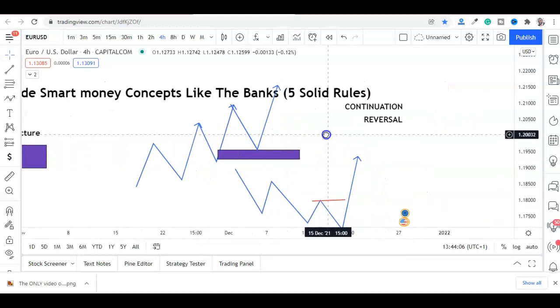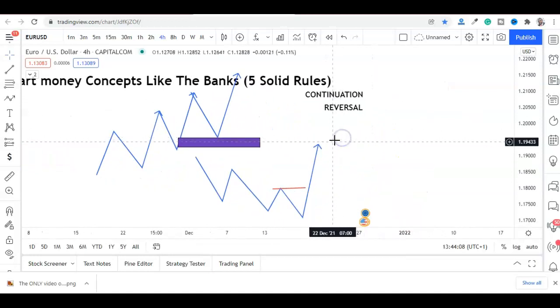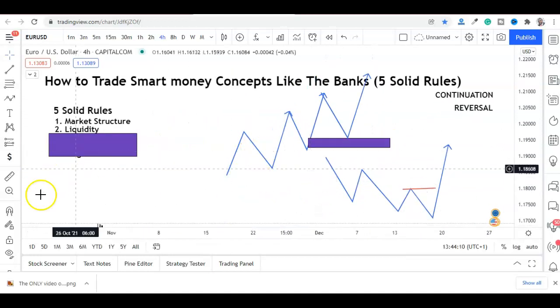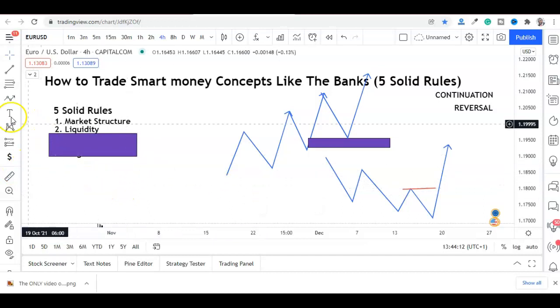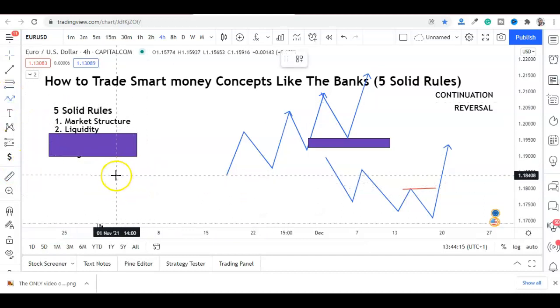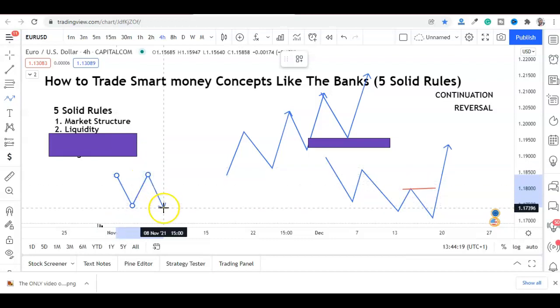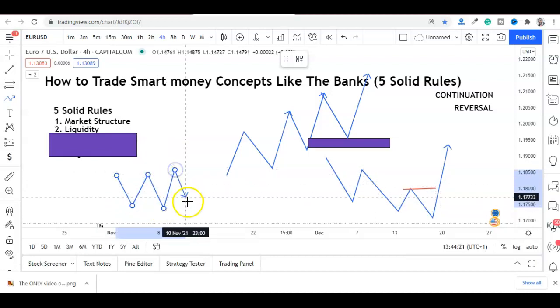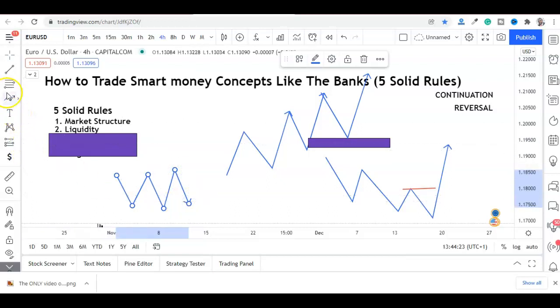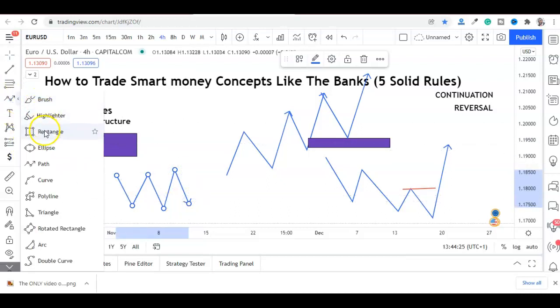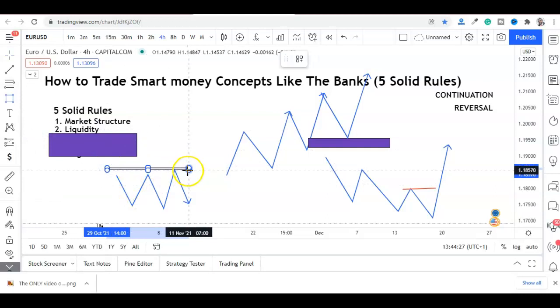So like the algorithm in the market engineers liquidity and induces buyers and sellers to trade. For example, you can engineer liquidity and create areas of support and resistance. That means retail traders will be coming in here, and what are they doing?